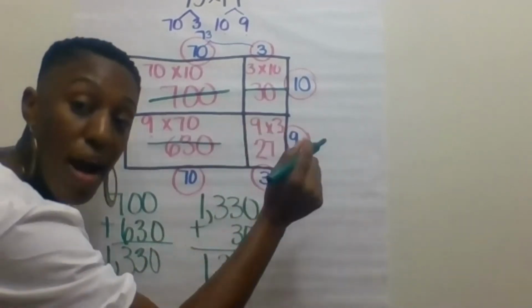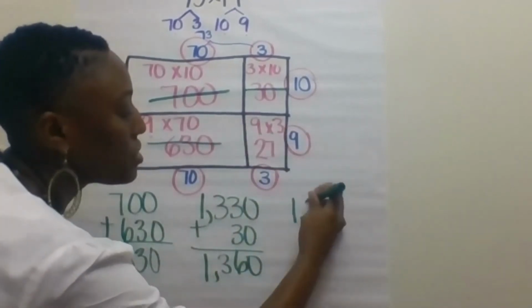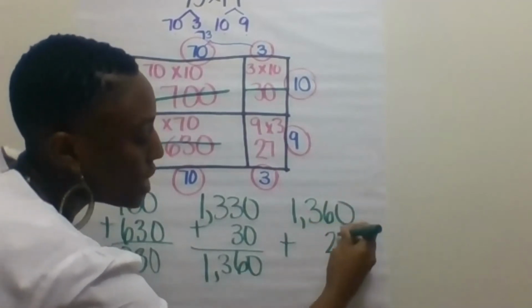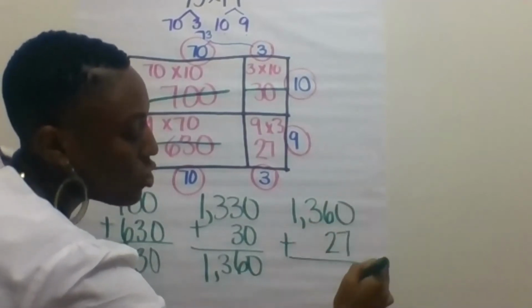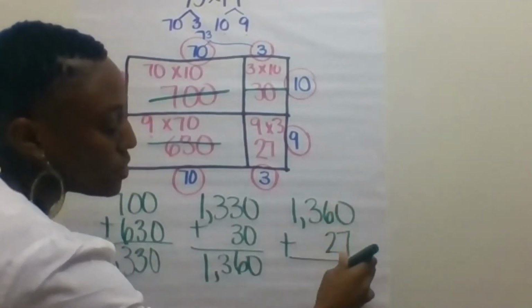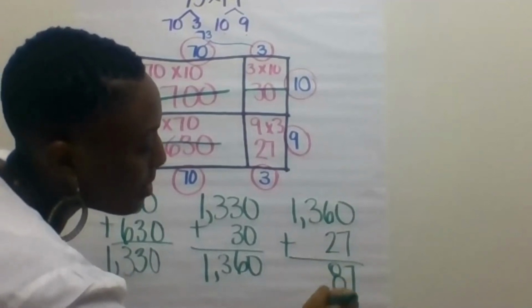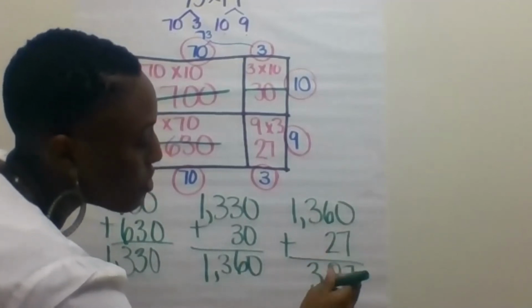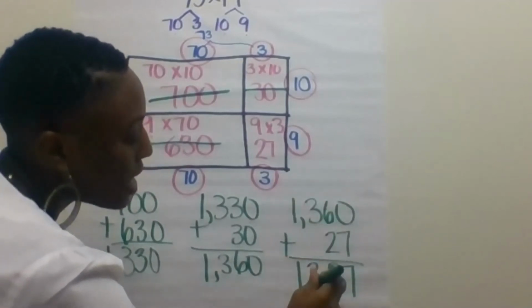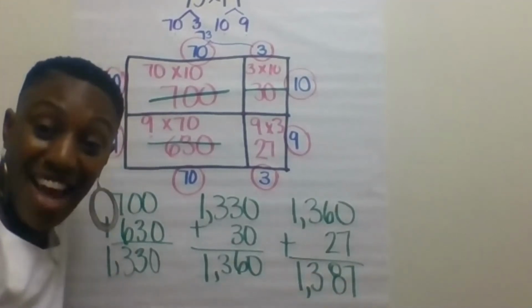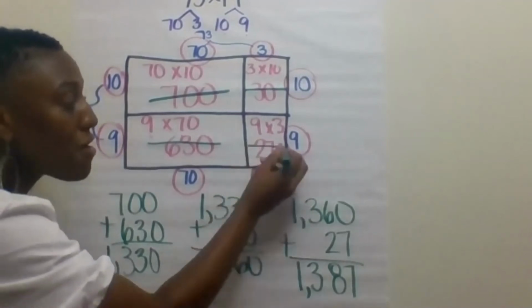Last partial product, 1,360 plus 27. Starting in the ones place, 7, 6 plus 2 is 8. 3 plus nothing is going to be 3, 1, bring that down, 1,387 is our final product.